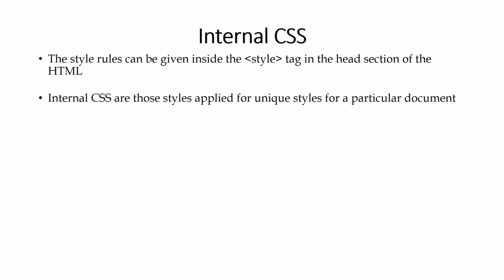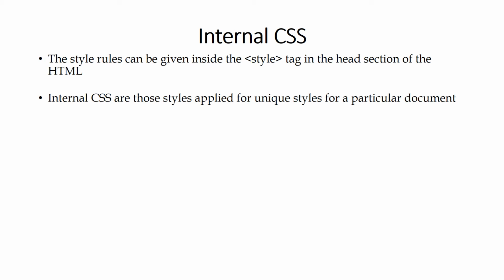So internal CSS are those styles applied as unique styles for a particular document. A website is a collection of web pages, and each and every web page has different types of designs that can be an added advantage or added attraction for the user.